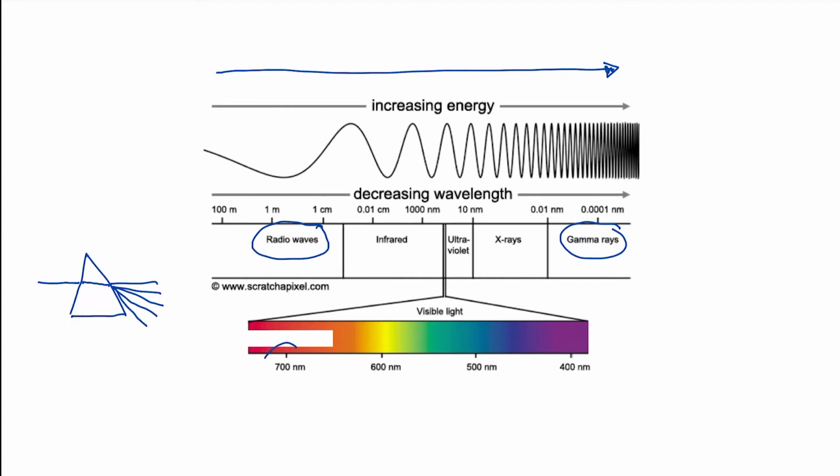We can see red light there with a wavelength around about 700 nanometers, as opposed to blue light, the other end of the spectrum, which has got a wavelength of around 400 nanometers, but a much higher frequency.